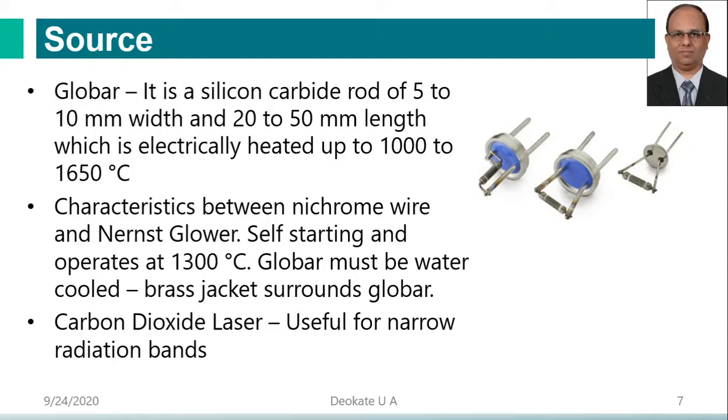Their characteristic lies between the nichrome wires and Nernst glower. They are self-starting and operate at 1300 degrees centigrade. The glow bar must be water-cooled by a brass jacket surrounding it. Otherwise, the heating will produce stray radiations.